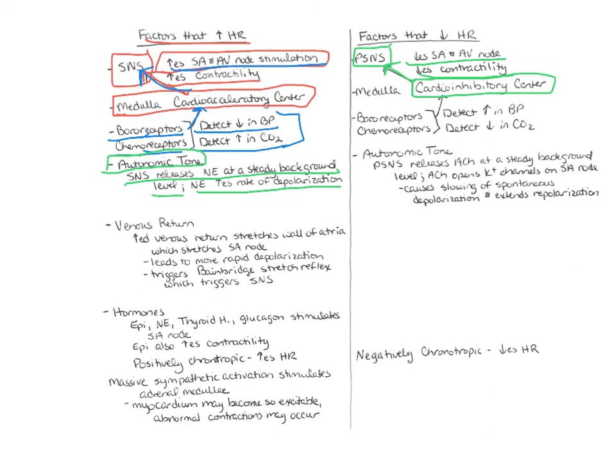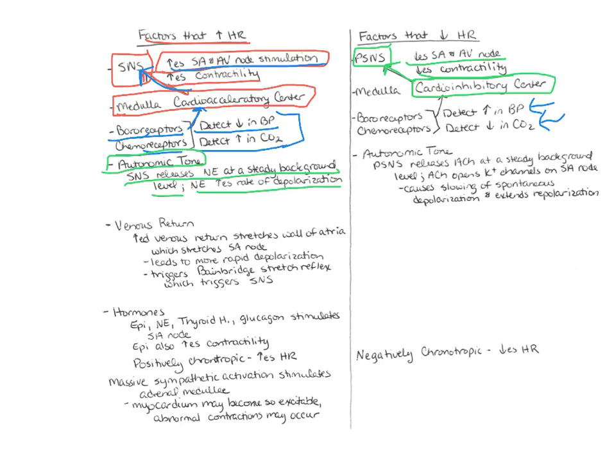Those receptors out in your peripheral blood vessels also detect when blood pressure goes up and when carbon dioxide levels go down. If your blood pressure is getting too high, or you don't have enough carbon dioxide in your body, we're going to want to decrease that blood pressure.